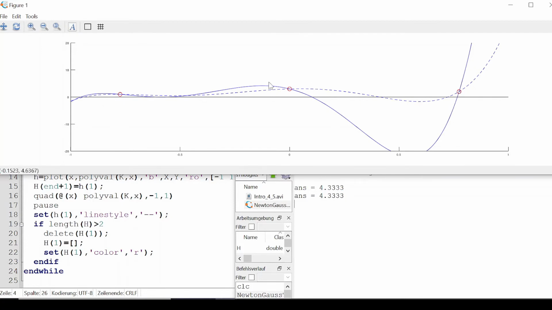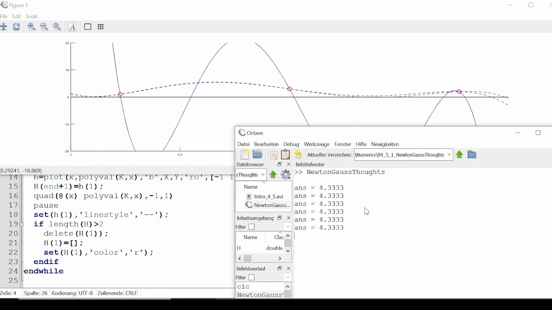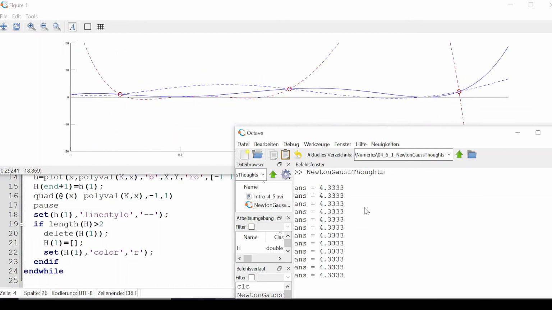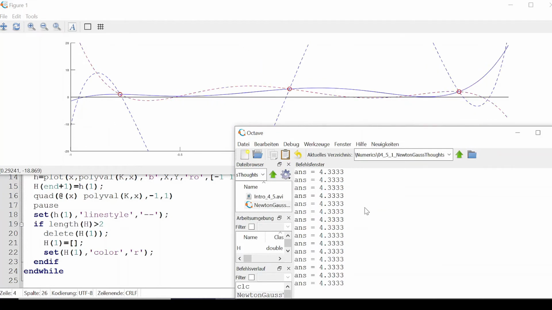It looks completely different, but it has in common with the first function, the dashed one, that the integral value is also guaranteed to be 4 plus a third. Whichever polynomial I am choosing, the value is always 4.333. And that is really, really surprising to me.